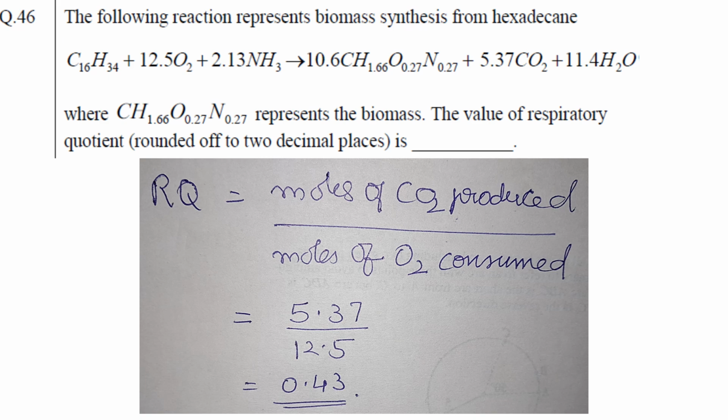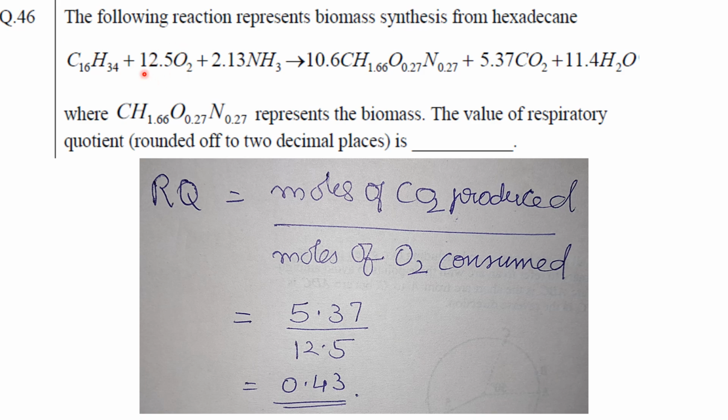Then next one. The following reaction represents biomass synthesis from hexadecane. So this is hexadecane, where CH1.66 O0.27 N0.27 represents the biomass. So this is the biomass that is produced from hexadecane.